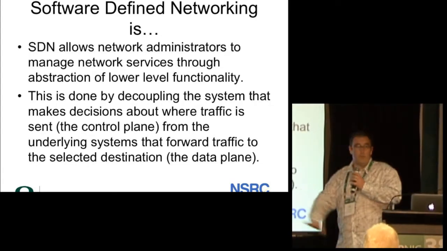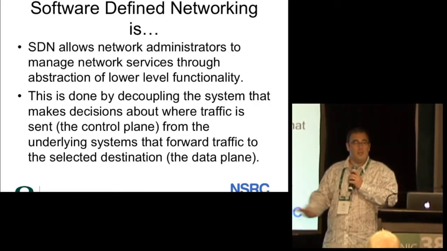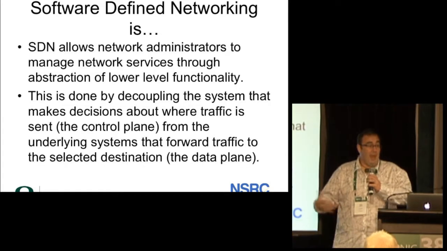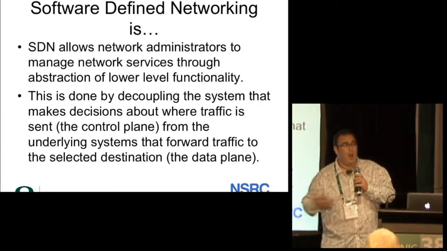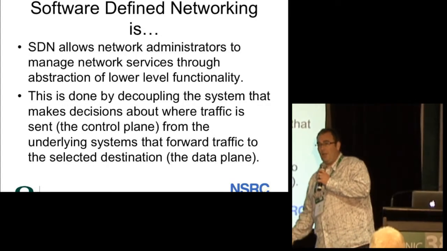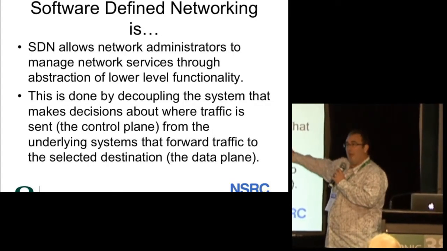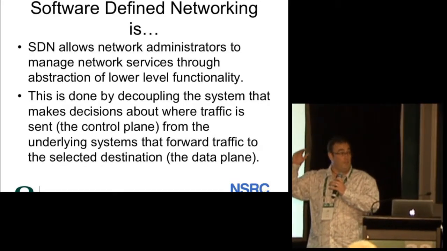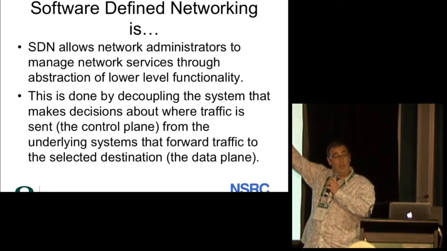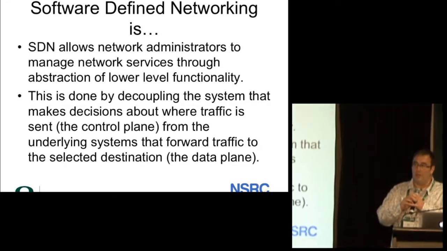But all of the data plane stuff doesn't really have any intelligence about how or why the packets are routed that way. All of that intelligence is up in the control plane, and a defining feature of SDN is splitting those in two, okay? A control plane and a data plane. And that's something that we're going to come back to time and time again throughout this.